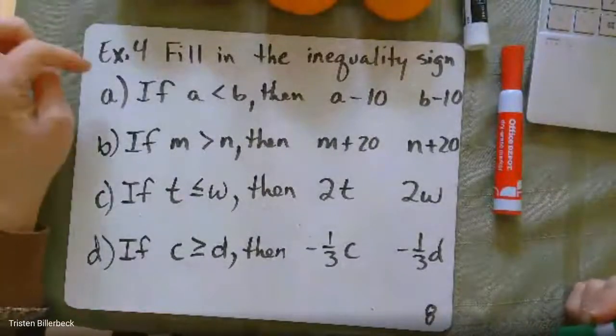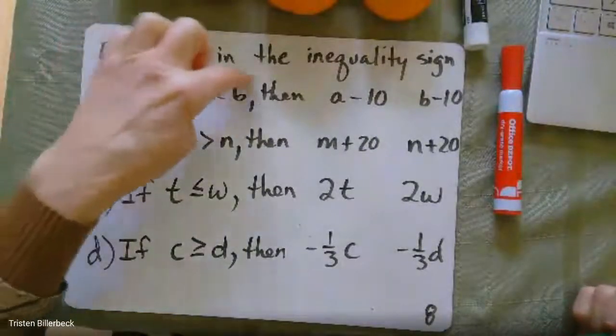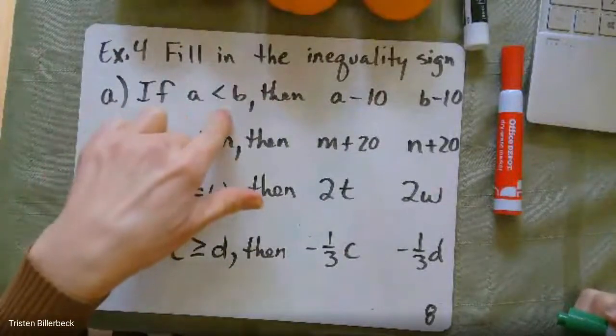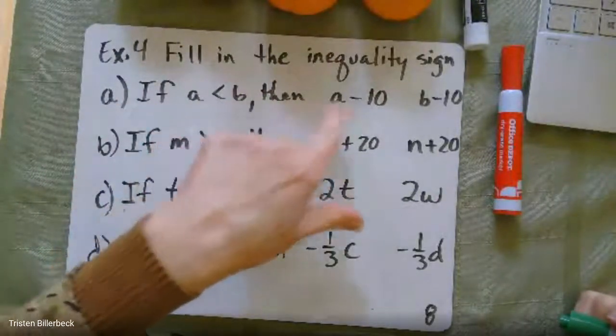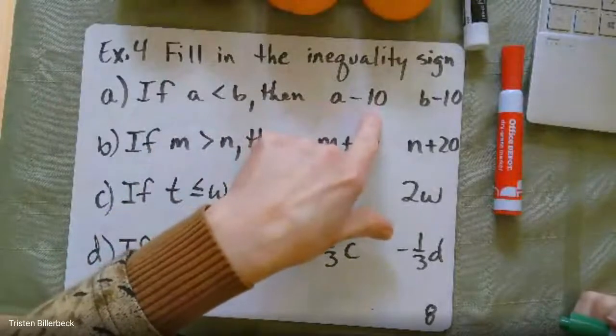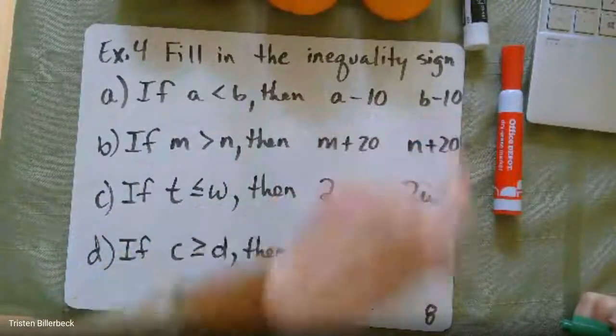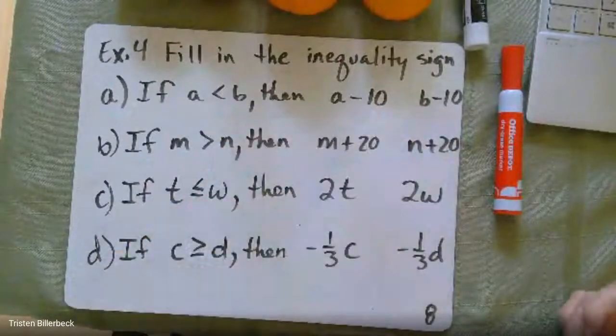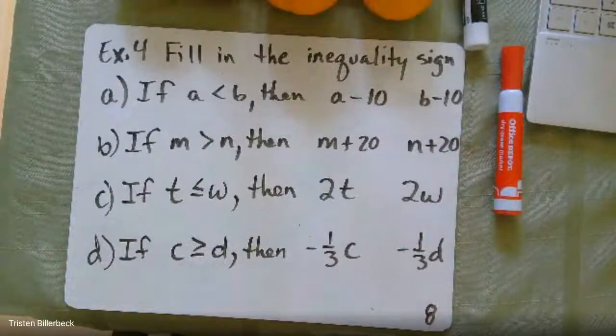All right, so example 4, fill in the inequality sign. If A is less than B, then A minus 10 and B minus 10. Well, we're doing the same thing on both sides, right? So does that change the sign?